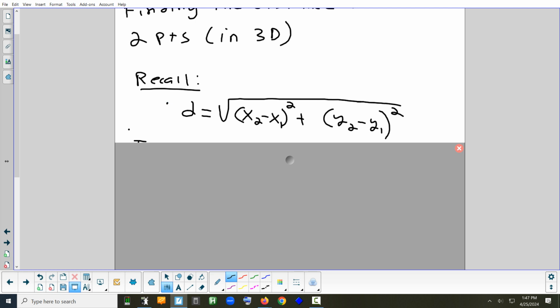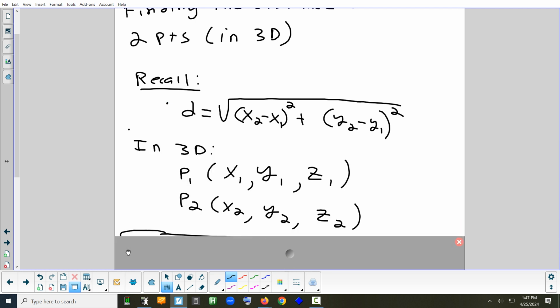Now, to do it in 3D, first of all, you need a 3D coordinate. You could think of every problem that we've done, where we've been finding distance, as having the z's be 0 up until today. These were always 0, so we never wrote them down. Now they're not going to be 0.